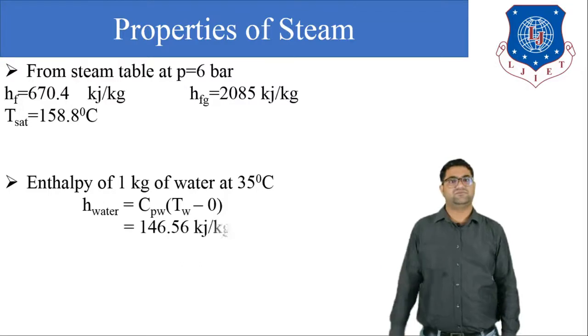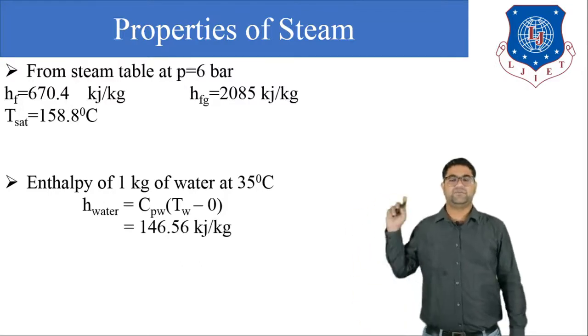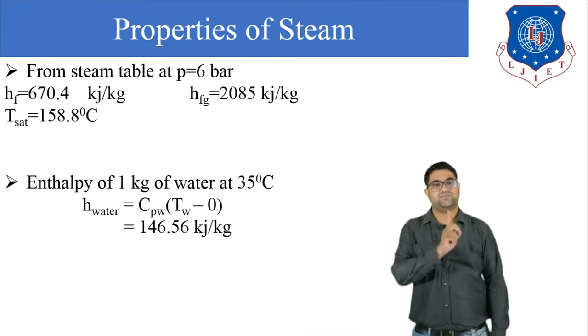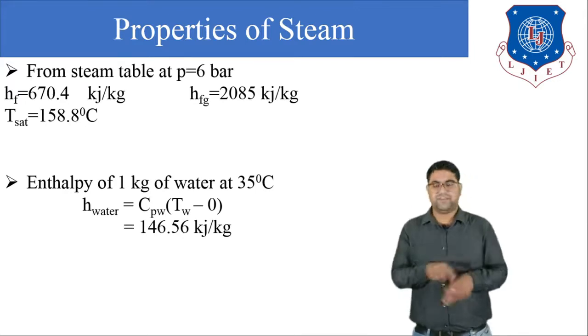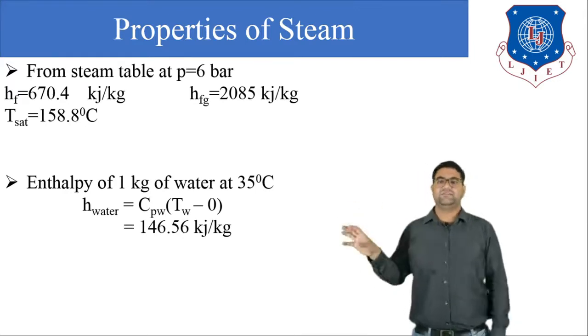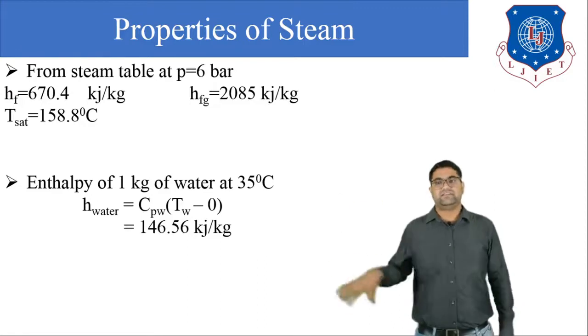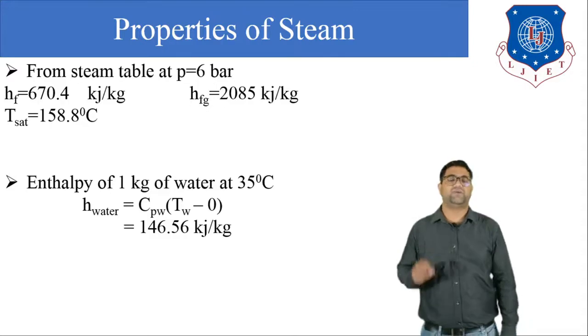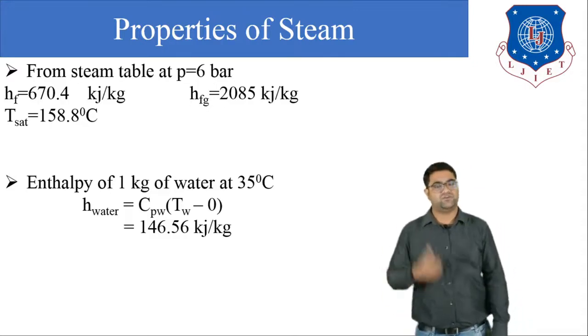If we put in all the values, we get the enthalpy of water equal to 146.56 kilojoule per kilogram. Now what is the meaning of this value? It means the enthalpy of water at the initial condition is 146.56 kilojoule per kilogram.